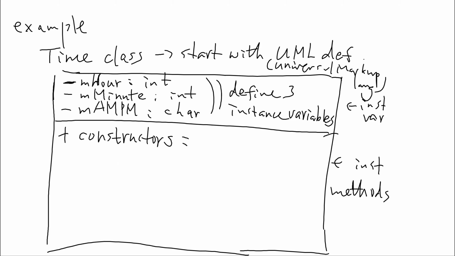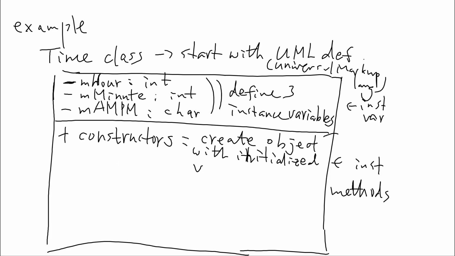The purpose of a constructor is to create an object with initialized values for instance variables. That's its purpose. As to how it looks, we will discuss that.